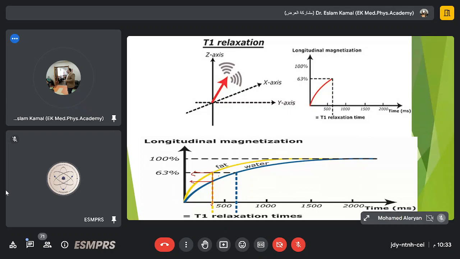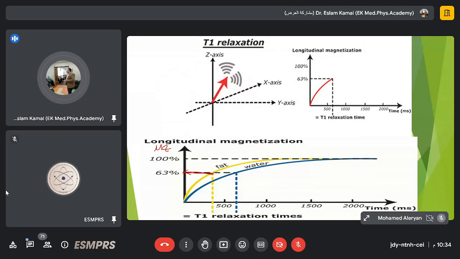Fat will be higher than the water, because if you look here at MZ, the fat at this point is higher than the water. You get the point? So at this point, the fat has higher MZ than the water.